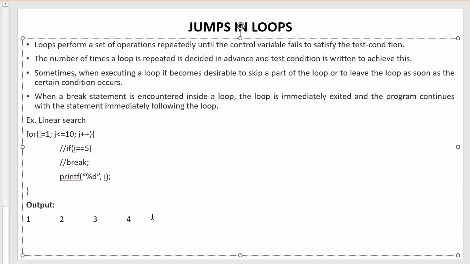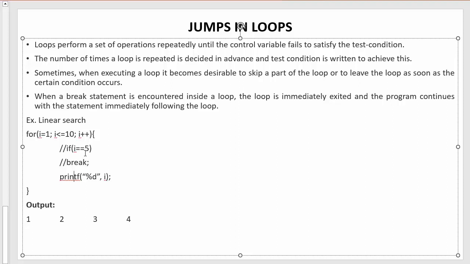But I want this for loop to work only 5 times. After the 5th iteration, I want this for loop to terminate and print only 1 2 3 4. How can we do that? We can break the execution of a for loop in between using the break statement.